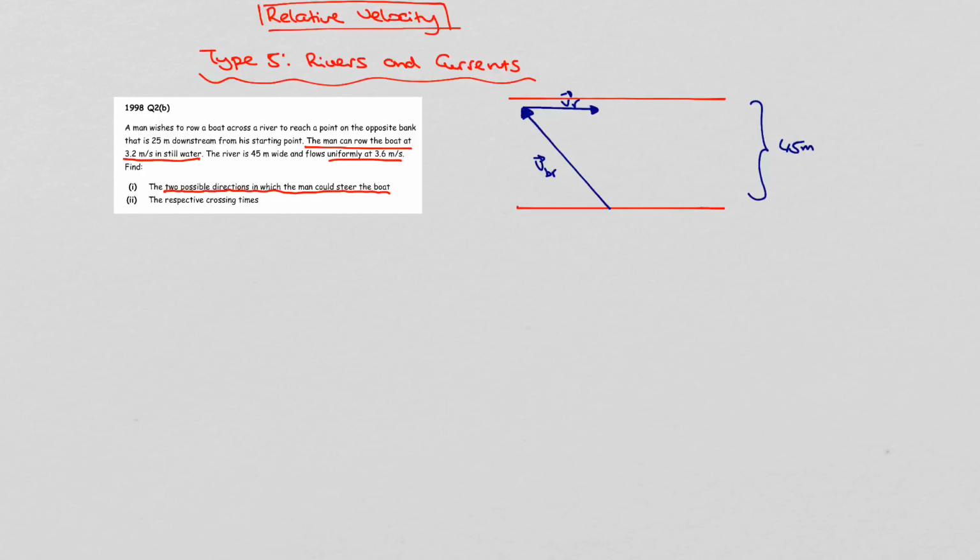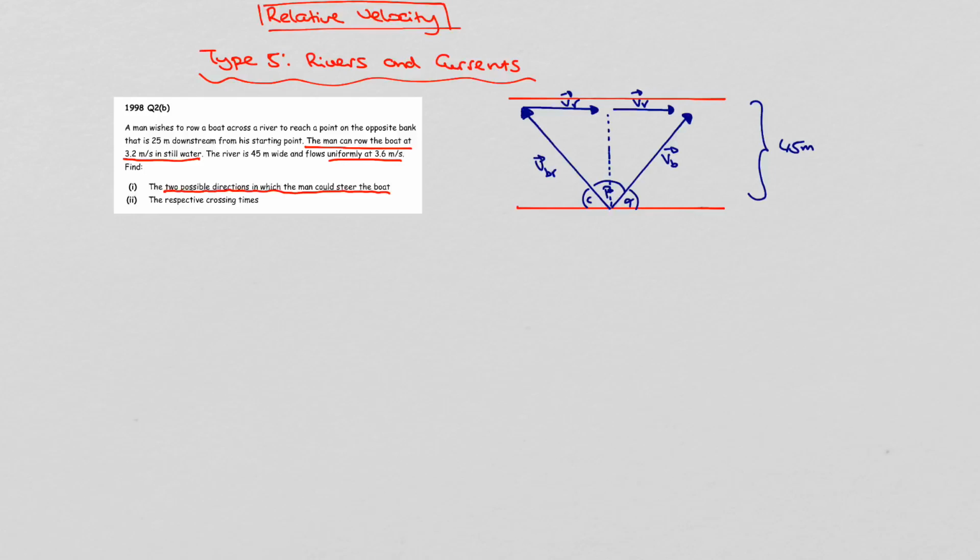We could end up across, but the river is still pushing us downstream, so we're going to end up slightly downstream, which would be the velocity of our boat. I'm going to mark in the different angles we can have. This is the direction in which the boat could set off. We have beta, and then we have C.